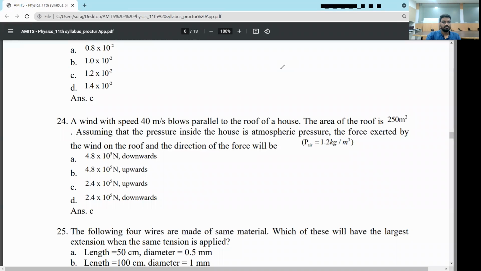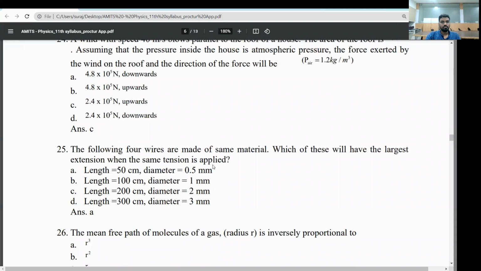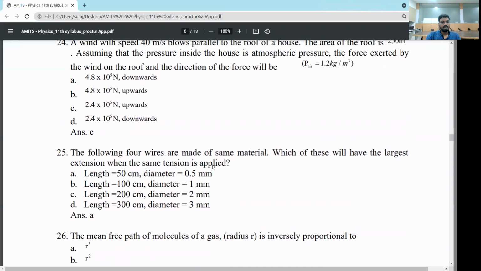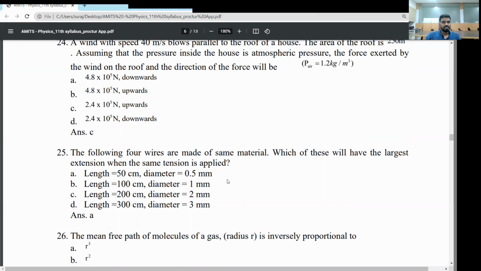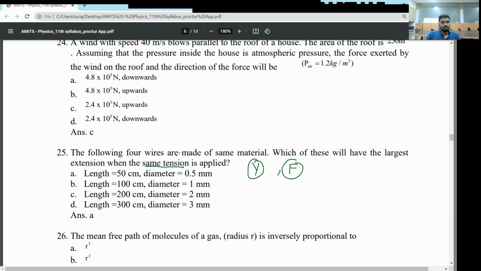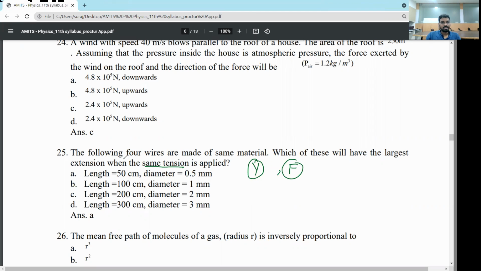Now coming to question number 25, what is given? The following 4 wires are made of the same material. Which of these will have the largest extension when the same tension is applied? Material is same, so Young's modulus is same. Same tension means force is also the same. Length is differing, diameter is different.